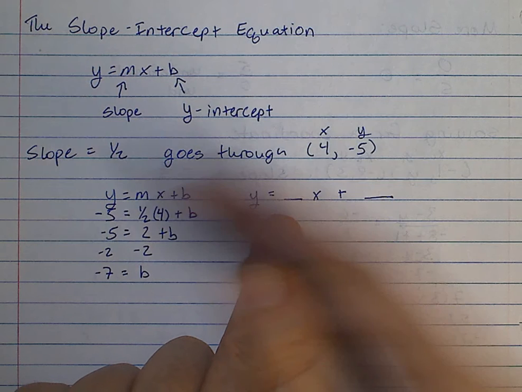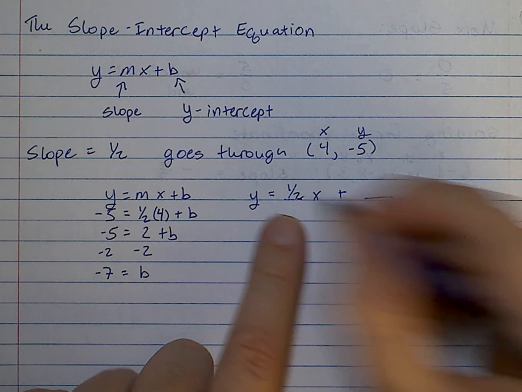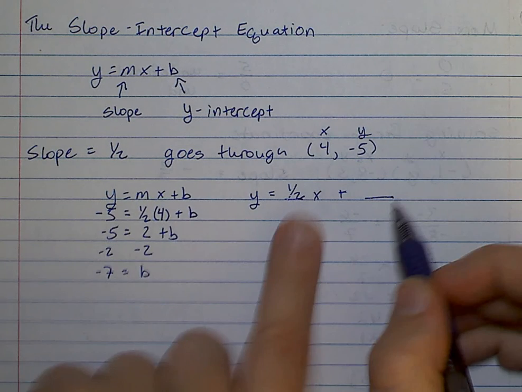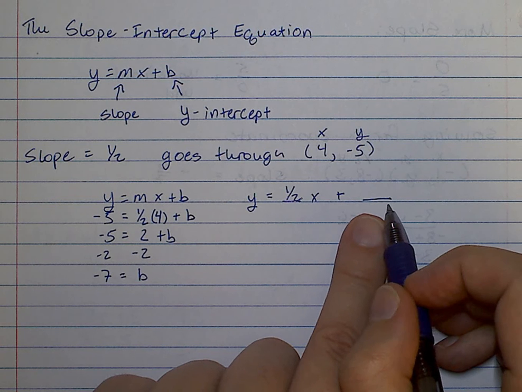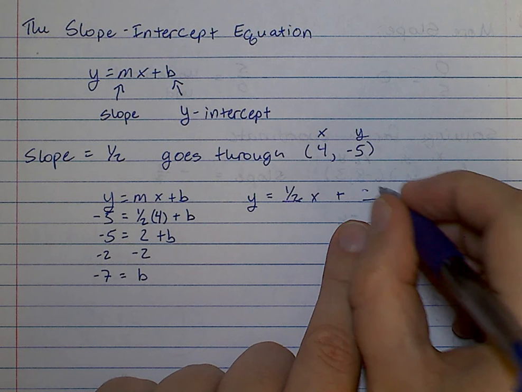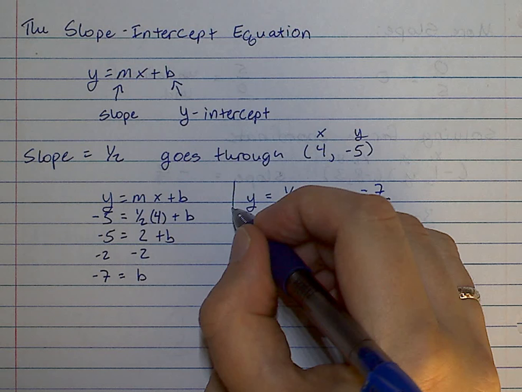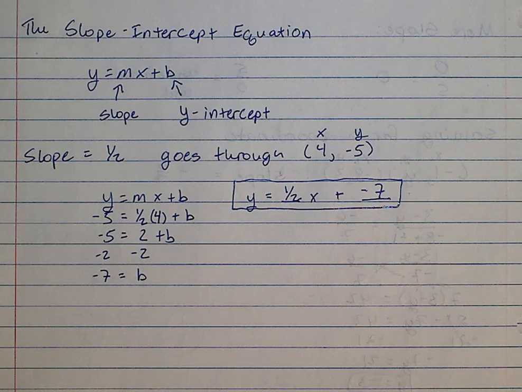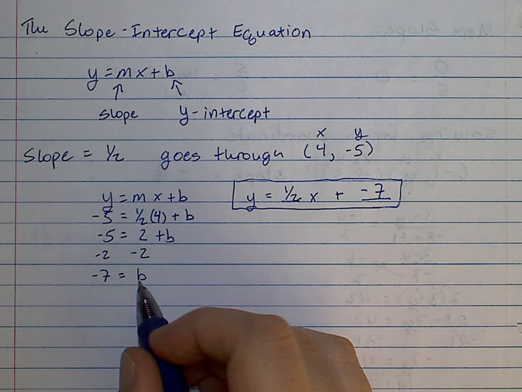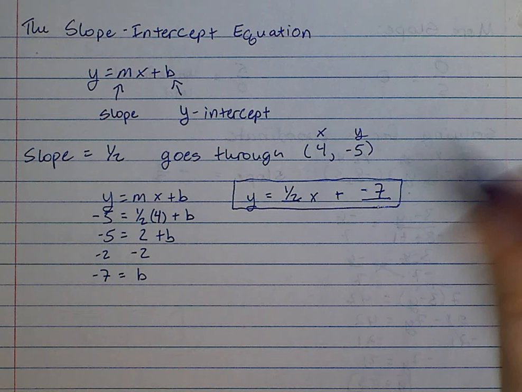Okay, so I'm going to put 1/2 in this space. So I already had that space filled up. Now this space back here, I need to fill up with whatever b is. And -7. Now this whole thing, this equation, this is the answer. Right there. So it's not just b is equal to -7. That's not the answer. This whole thing here is the answer.